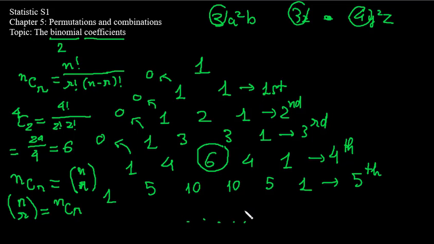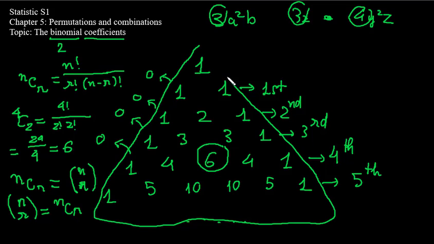Looking at the Pascal triangle helps us understand some important properties of the binomial coefficient. First of all, when you look at this triangle, you can see that it is symmetrical through the middle line. See 1 1, 1 3 3 1, 1 4 4 1, 10 10, 5 5. So why is it symmetrical through the middle line?